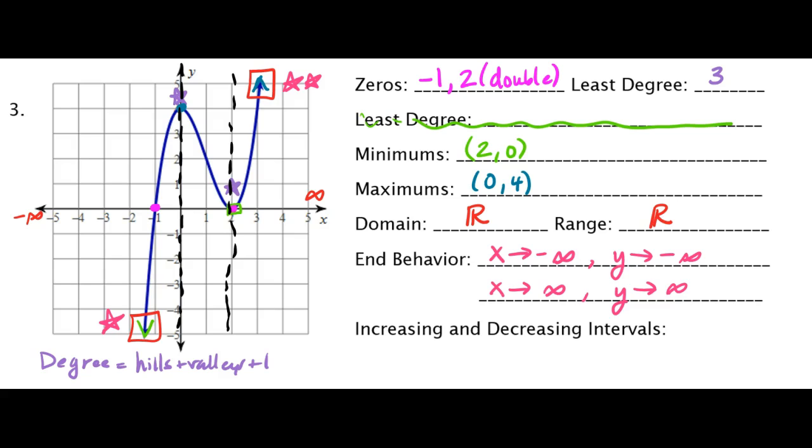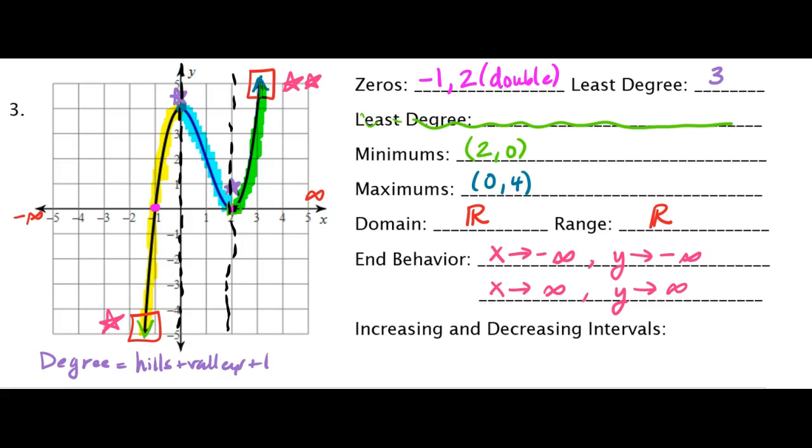So I'm going to highlight my first section, all the way from negative infinity until I hit my first boundary line. And then I'm going to do this section of the graph in blue, and then I'm going to do this last section of the graph in green. So I have 3 sections.